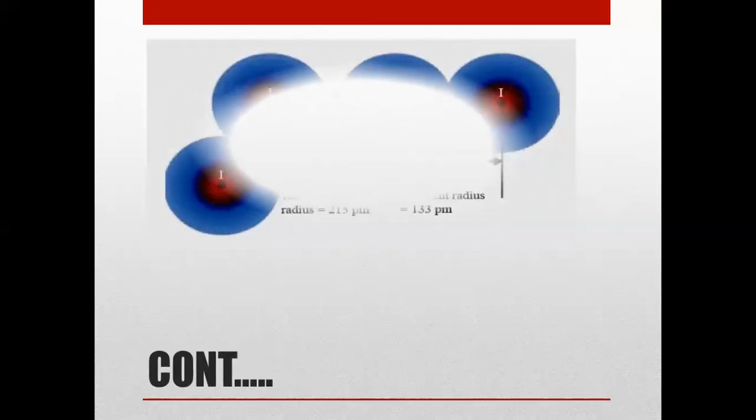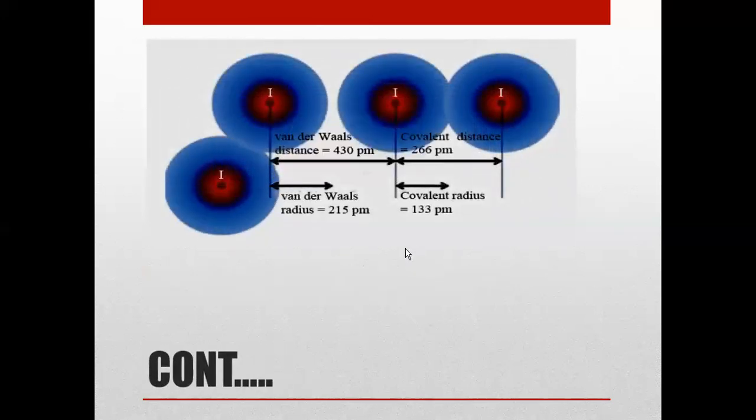So let's see this diagram. It clearly explains it. You can see here, right? This is showing the bonding radius. I marked it with a pencil in a different color. Can you see this is the bonding radius?